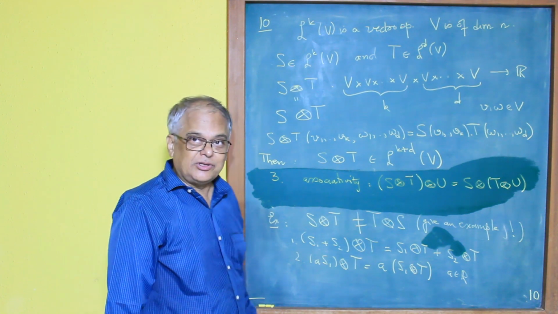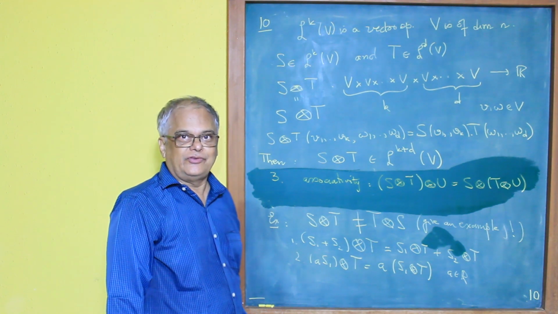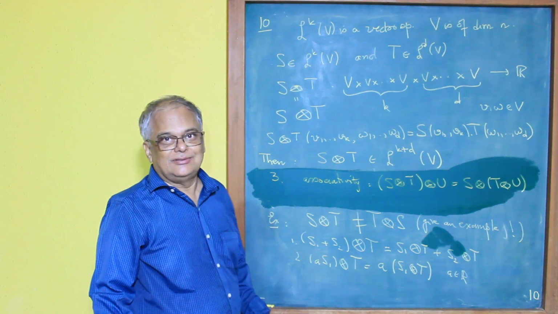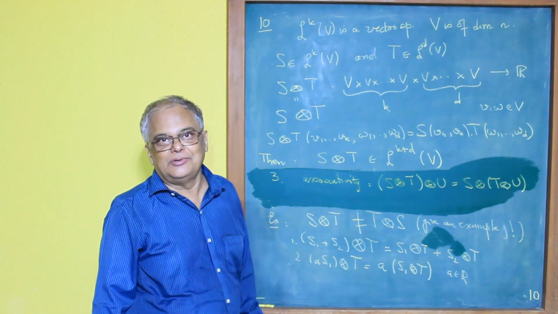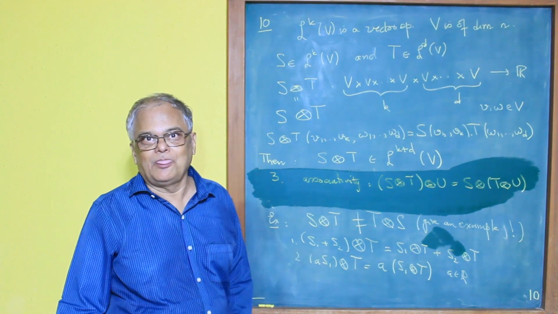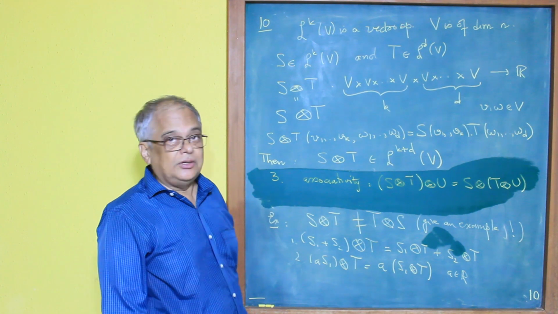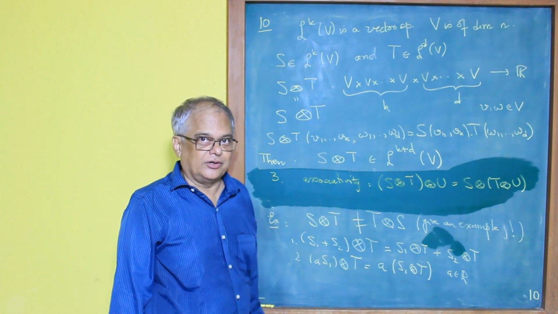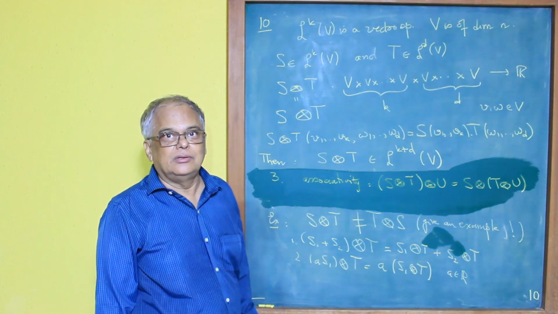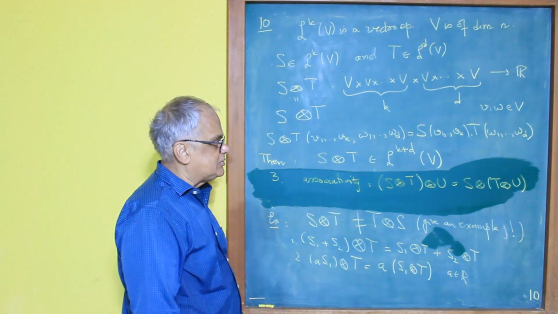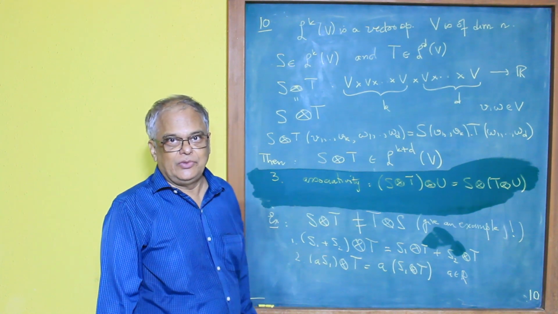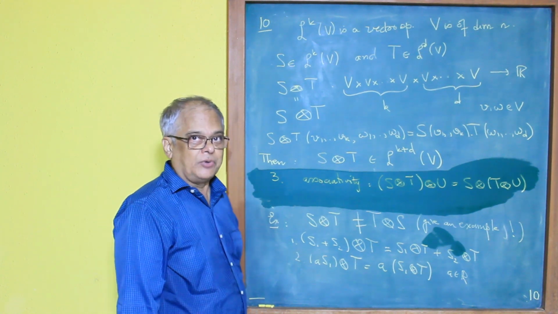No matter where you put the brackets, the answer is the same. 5 into 6 into 7 is equal to 5 into 6 into 7. That is associativity. Only if you have associativity can you talk about a product. Otherwise, you have to worry about where you are going to put the brackets. Because of associativity, you don't worry about where you put the brackets. Therefore, this actually is a product.